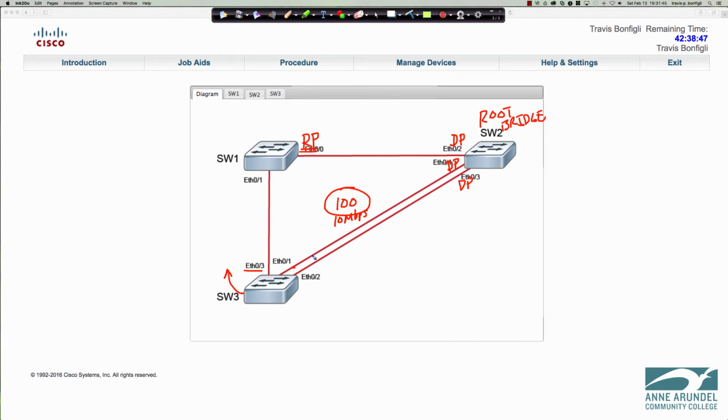So now we go to the second tiebreaker: the lowest MAC address, or the lowest bridge ID. Well, guess what? The MAC address that's being sent from the root bridge is the same for both of these. Switch 3 is going to see the same MAC address coming in on both links because he's directly connected to the root bridge.